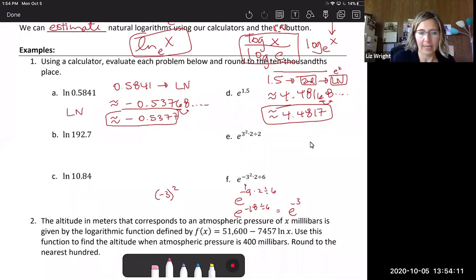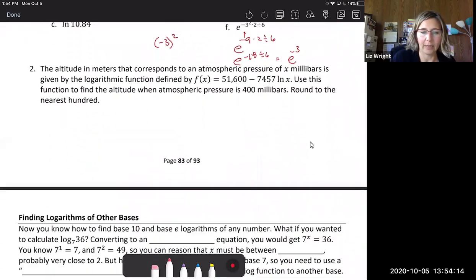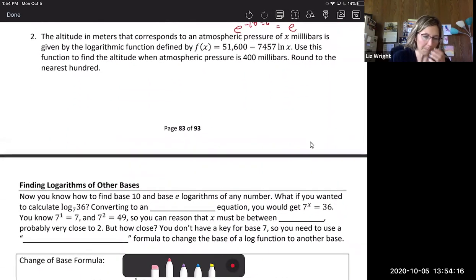And then we're going to look at this number 2 example together. So it says the altitude in meters, I'm just circling my labels so I don't lose it. The altitude in meters that corresponds to an atmospheric pressure of x millibars is given by the logarithmic function defined by this.